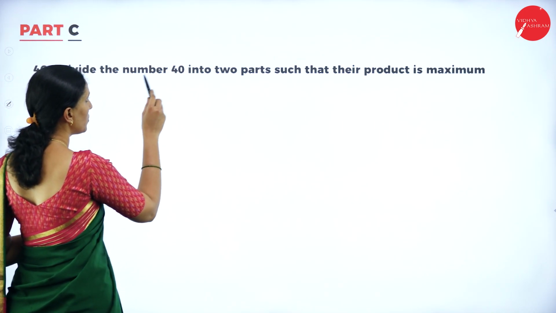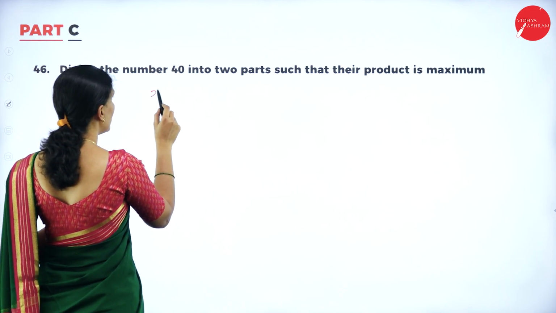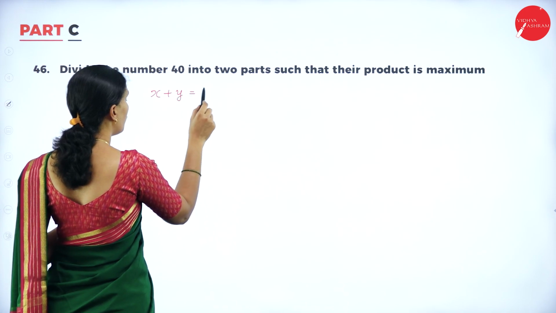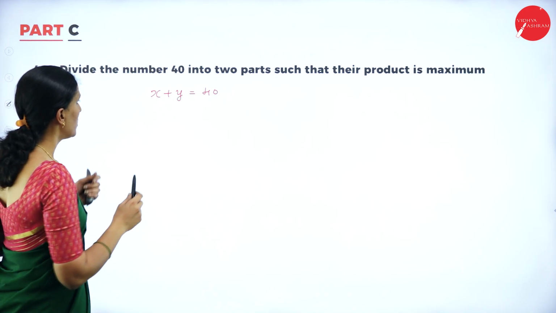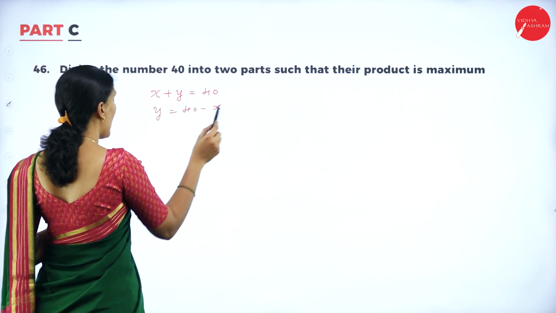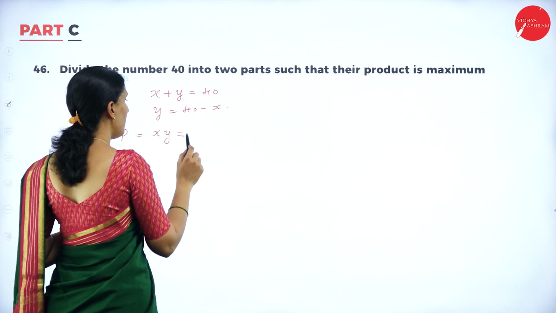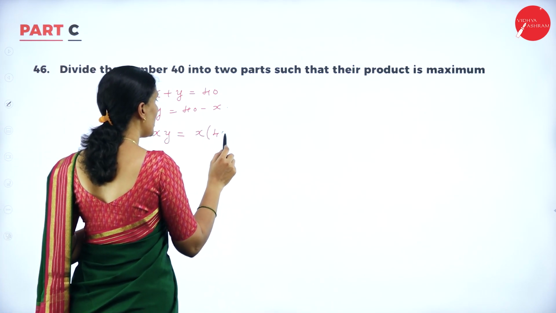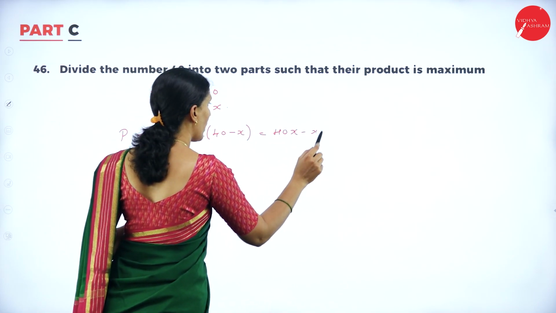So we are supposed to divide the number 40 into two parts. So let me consider x plus y is equal to 40, so that their product is maximum. So let me take y is equal to 40 minus x, and let us consider the product x into y. Then x into 40 minus x, we will get this as 40x minus x square.